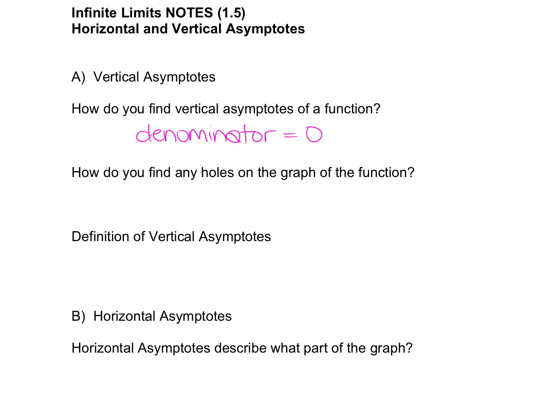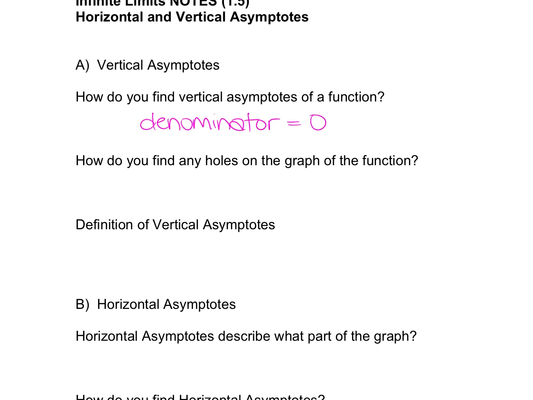How do you find holes in the graph? Yep, we call that factors that cancel. Okay. So we factor everything. If something cancels top and bottom, that gives us holes in the graph. Whatever is left in the bottom gives us the vertical asymptotes, right?